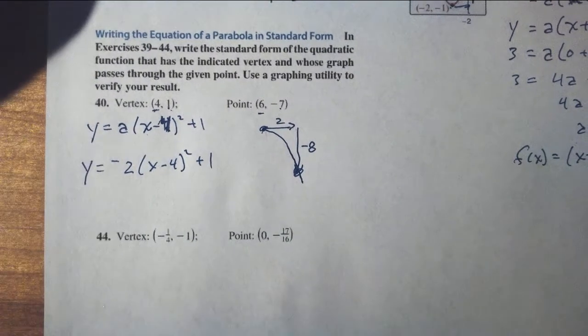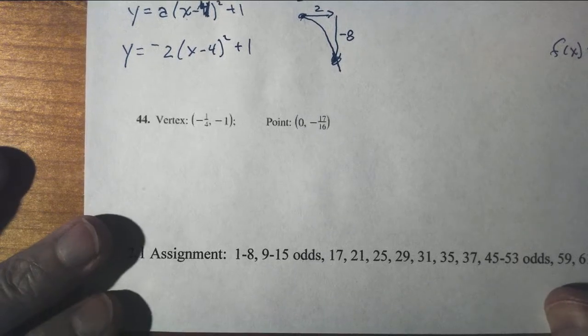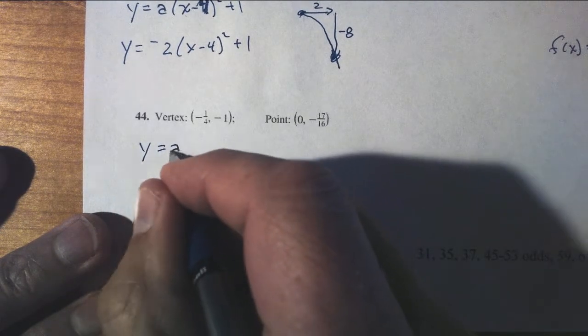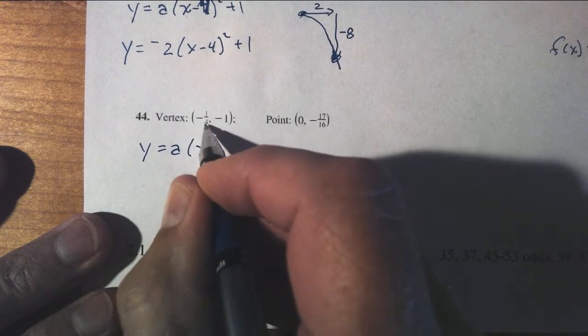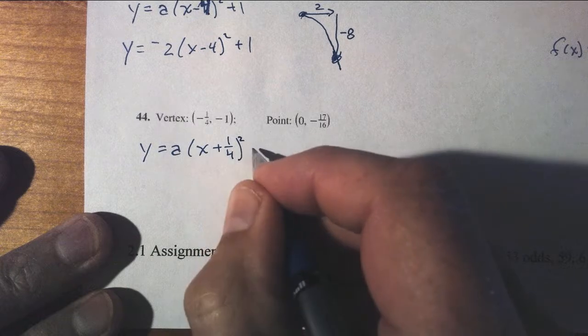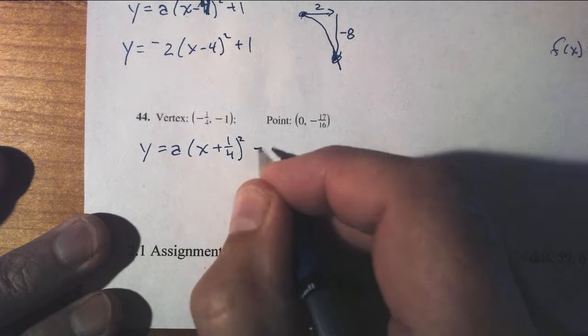Okay, let's see if we can handle that one here. Vertex (negative 1/4, 1). So I've got y equals a times x minus the x coordinate, plus 1/4, squared, minus 1.